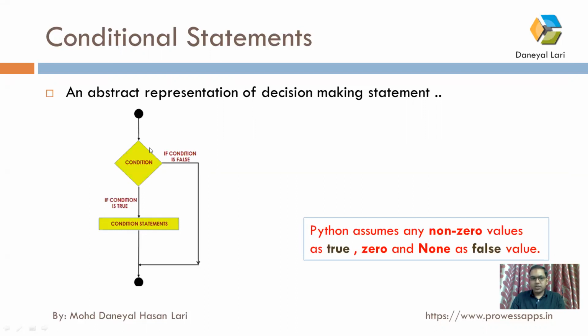There may be a situation where the condition can be true or false. If that condition is false, then the statements that are under the control of true will not execute, and your program will pass over those statements and execute other statements. This is an abstract representation of your conditional statement.